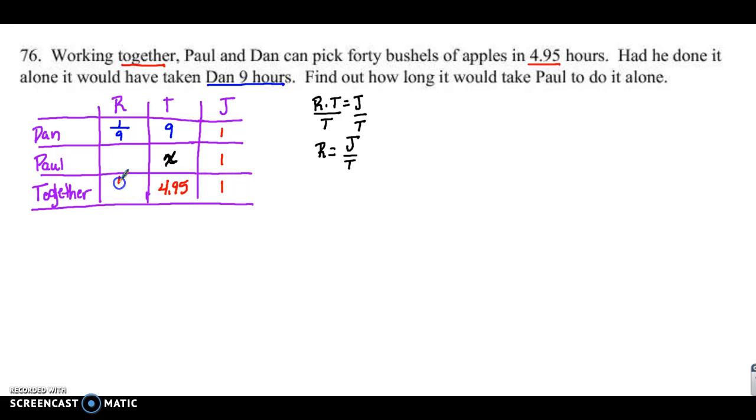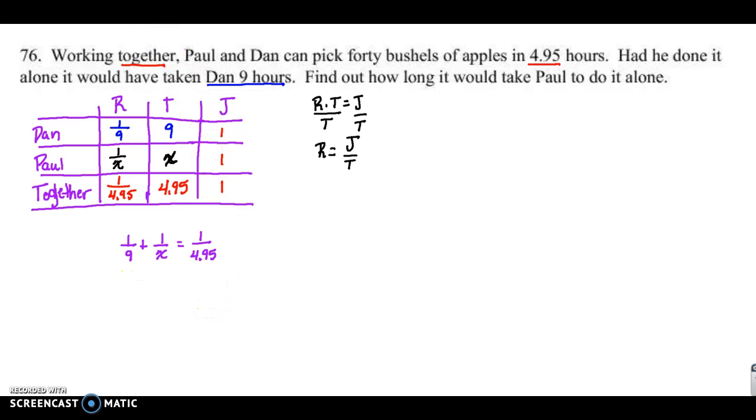Together, their job is 1, their time is 4.95. And Paul alone, his job is 1, and his time is X. So this would give me my equation that I want to use, which would be Dan, which is 1/9, plus Paul, which is 1 over X, equals together, which is 1 over 4.95.